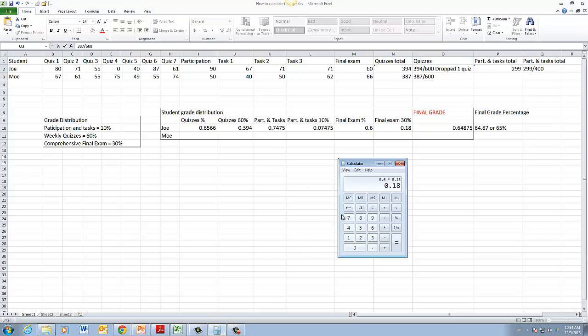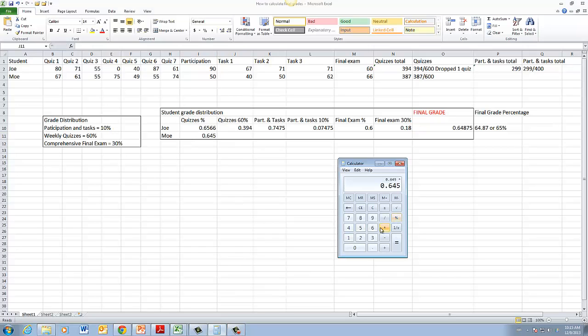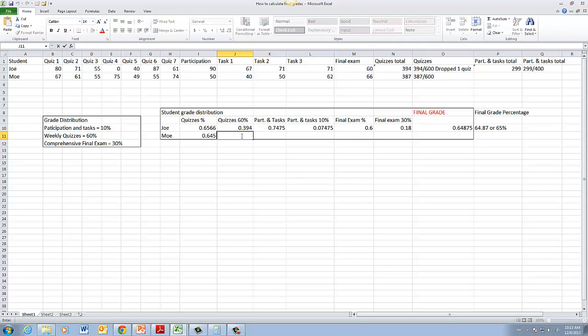If we do 387 divided by 600, it's 0.645. And then I'm going to multiply that by 60%, 0.387. So this is the percentage, the 60% of his weekly quizzes.